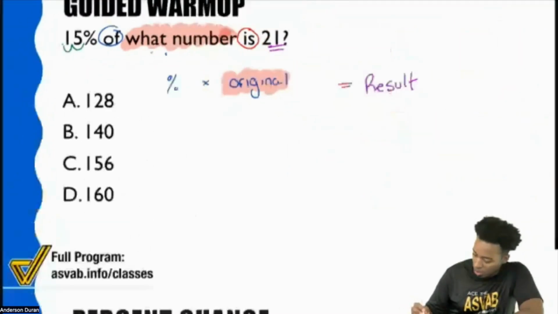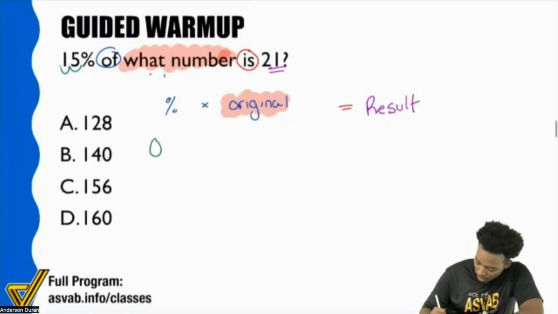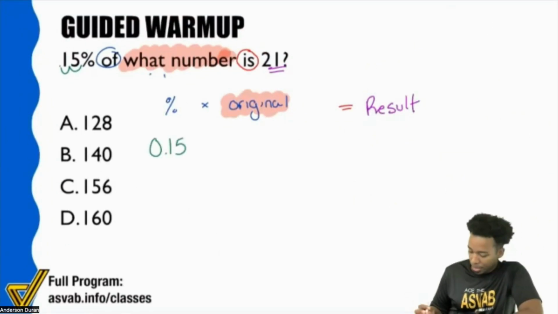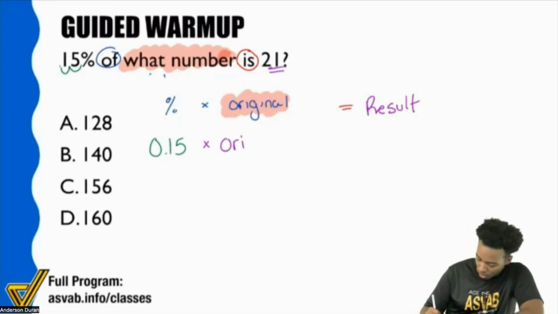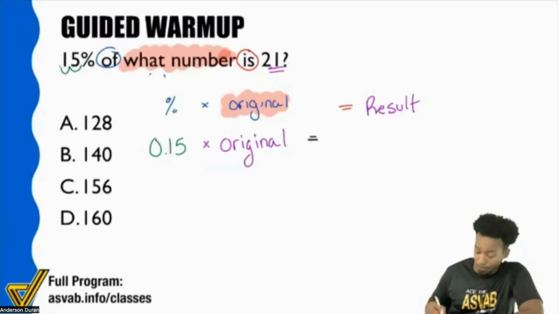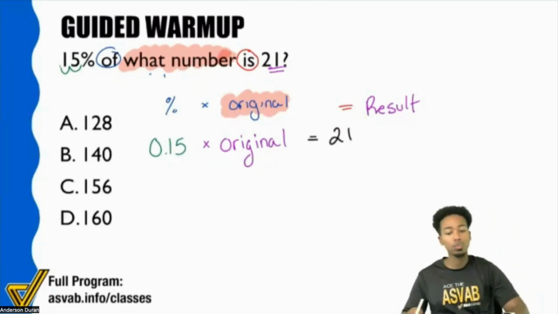So that's going to be 0.15. Then we don't know what the original number is, so I'm just going to say times the original. I'm just going to leave that like that. Equals that result, which was again what? Correct, 21.